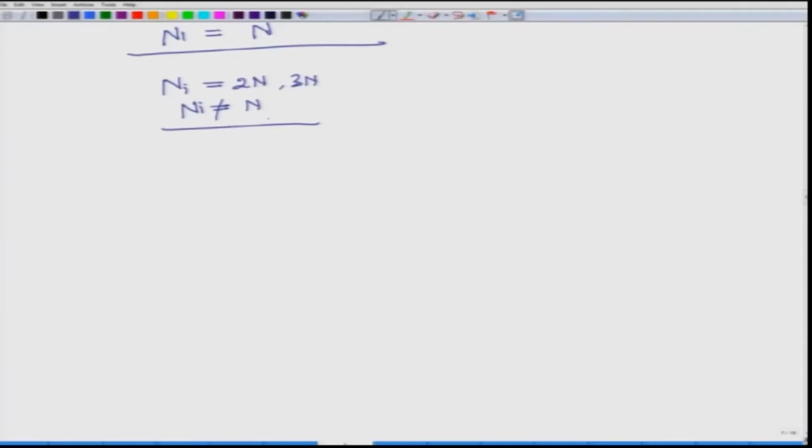Okay, so let us come back to where we left. Now, there are two possibilities, like I said: where Ni is not equal to n, or when Ni is equal to n. So, let us first look at when Ni is not equal to n. You would see that x Frenkel pair, which is the fraction of Frenkel pair, which is equal to NFP by n, will come out to be root of Ni by n, e to the power minus delta HF formation of Frenkel pair by 2 KBT.